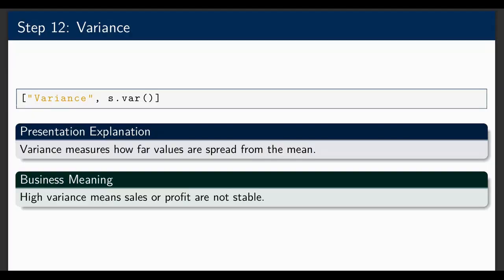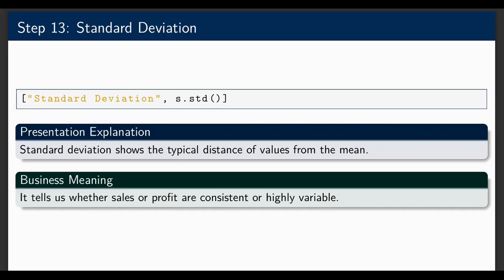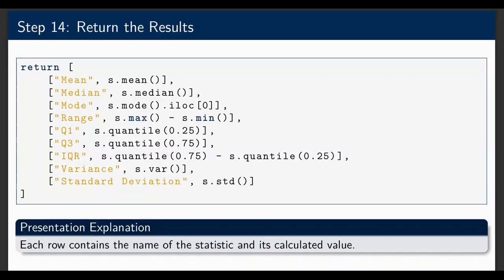We have the variance, the standard deviation, and here we have the return function. The aim of the return function is to return the output to Excel, so we will find our output in Excel.